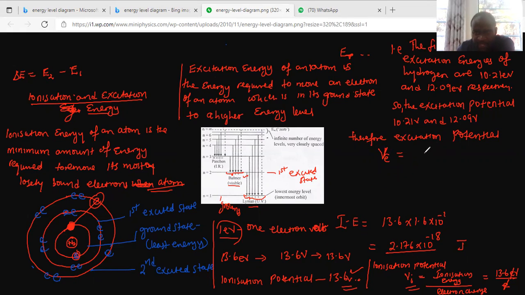V excitation is equal to the excitation energy over the electron charge.